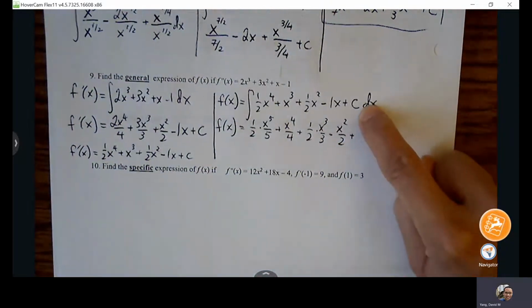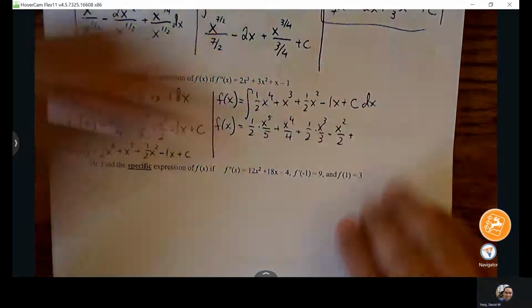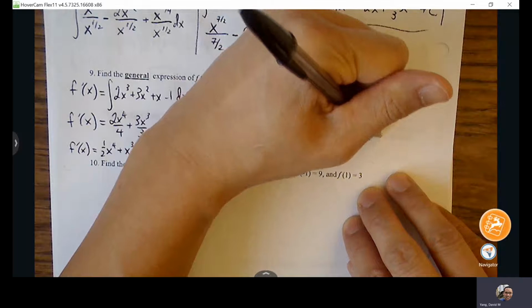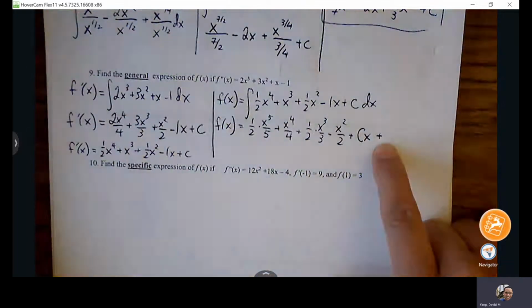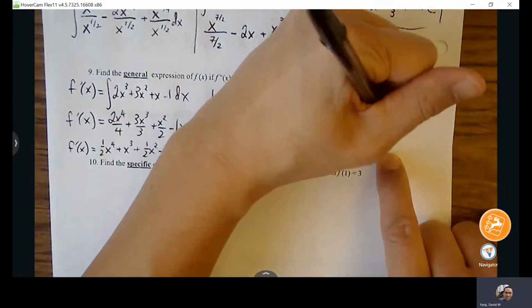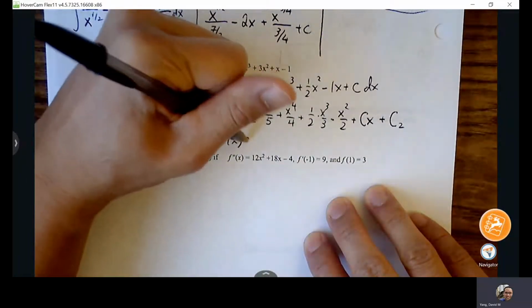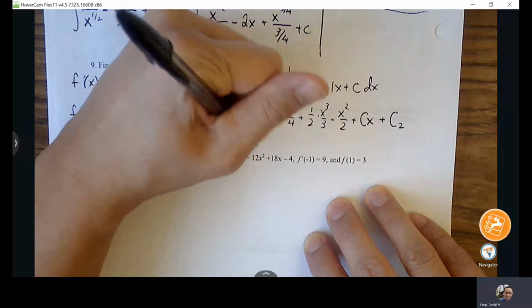Okay, what does this c become? Cx. And then this will produce its own constant. So you can either say plus k or plus c sub 2. And then just do a little bit more cleanup if you can.